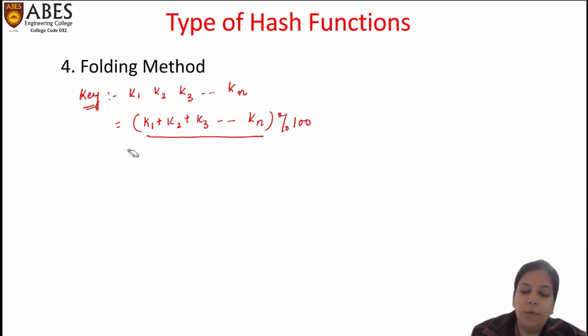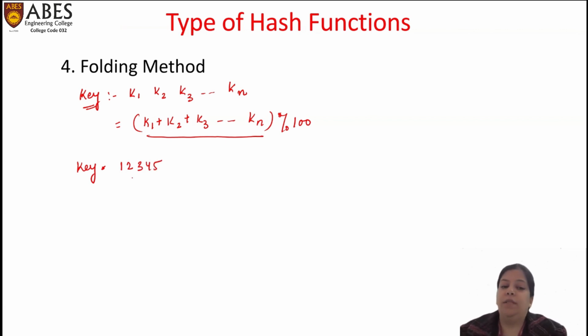Suppose we have a key, we can take any number. Suppose we have 1, 2, 3, 4, and 5. Suppose this is the key 12,345. And now we want to find out the index at which this key must be stored in the hash table using the folding method. Suppose I'm taking the number of digits for folding as 2.